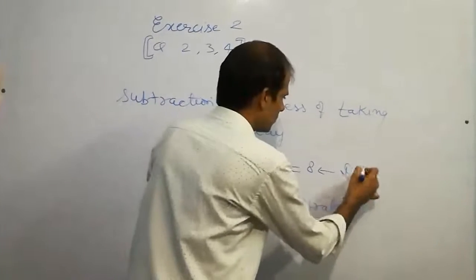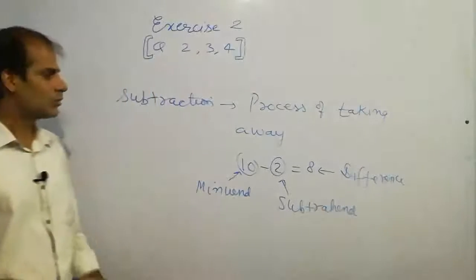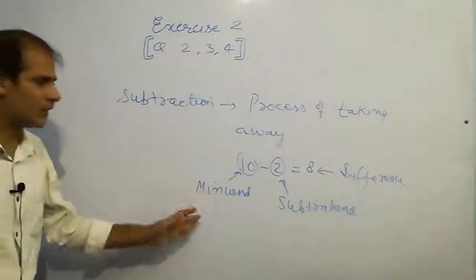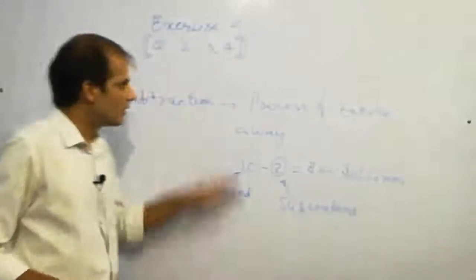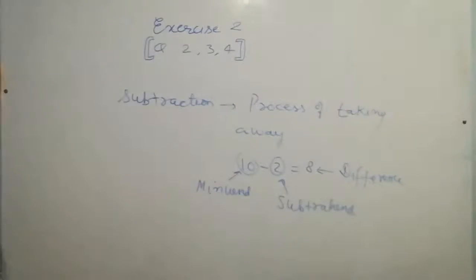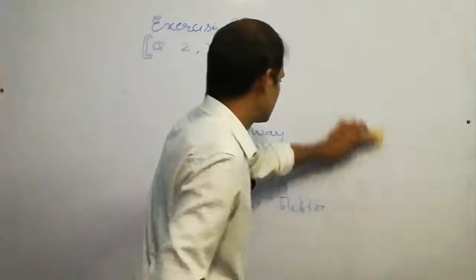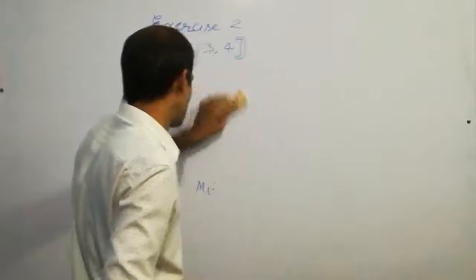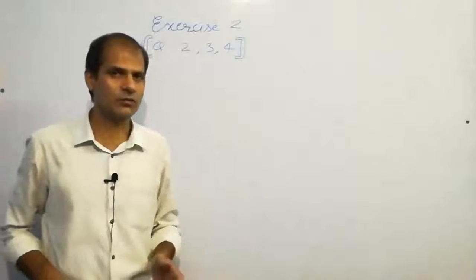This is called difference. Okay, this is called difference. So minuend minus subtrahend equals difference. So these are the basic concepts and some terms related to addition and subtraction. Students, if you want to know something, you can pause the video, or you can pause the video and take a screenshot from your mobile phone.